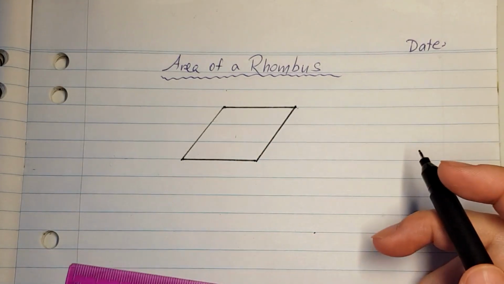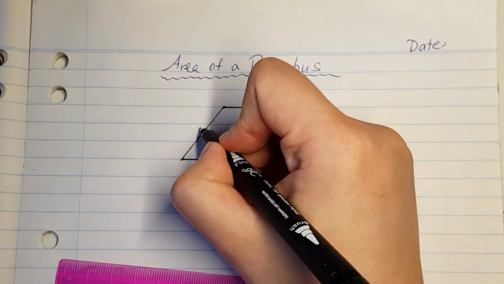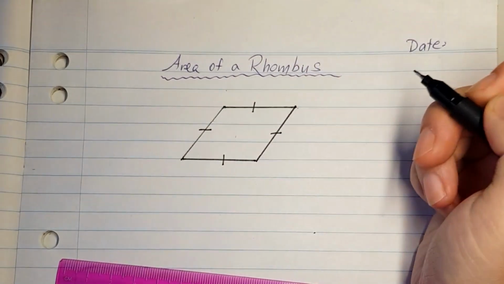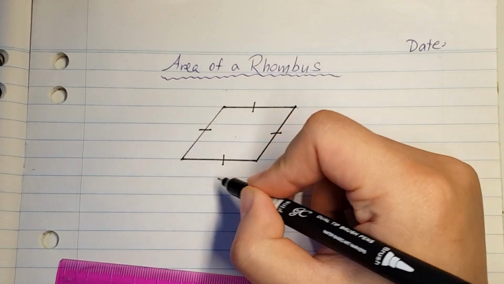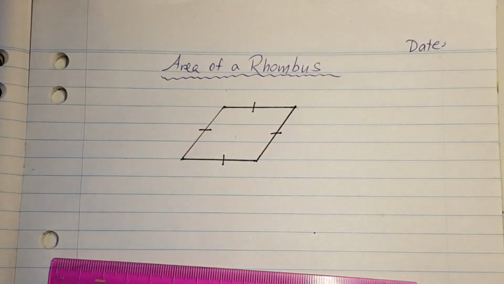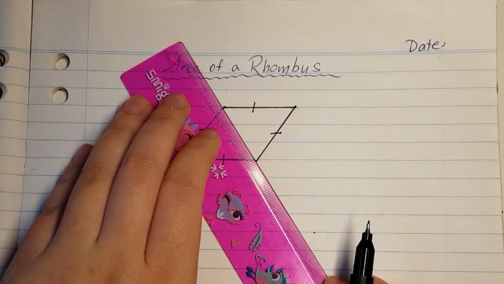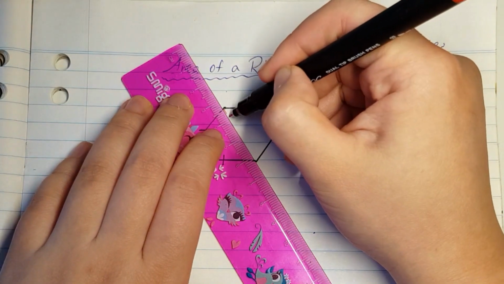Okay, so I have drawn a rhombus, and I'm also going to put little strokes like this on all the sides. That is going to indicate that all sides of a rhombus are equal in length. Now I'm going to draw in the diagonals. So this is the first diagonal.